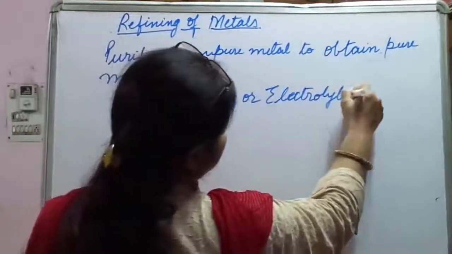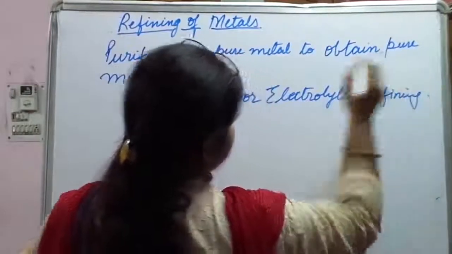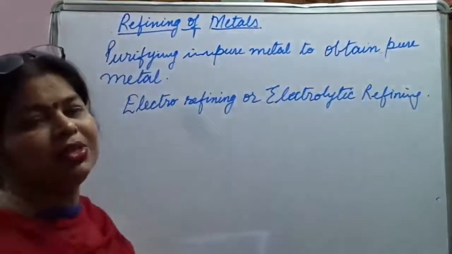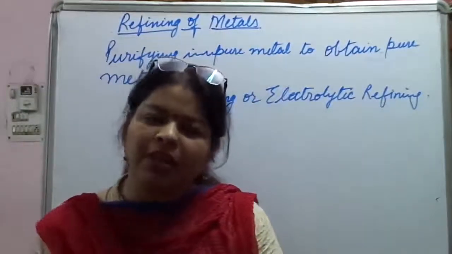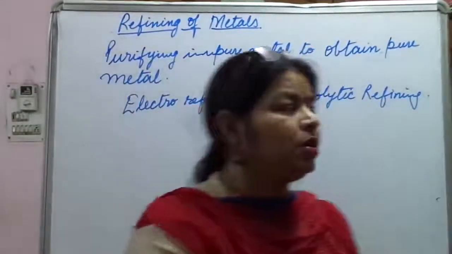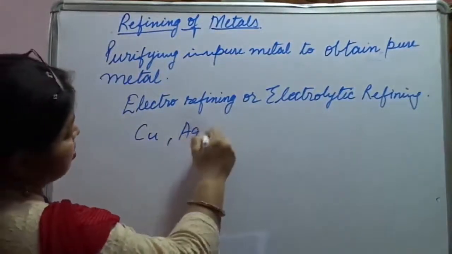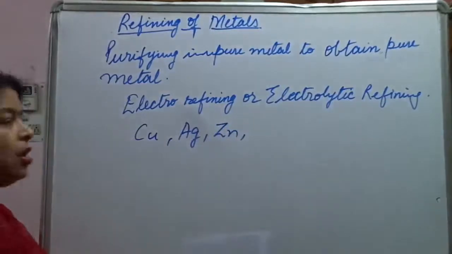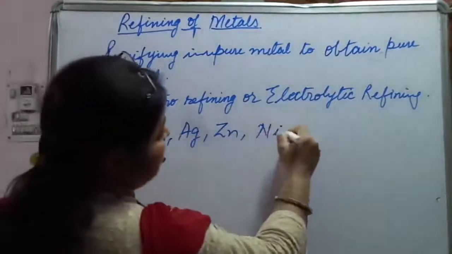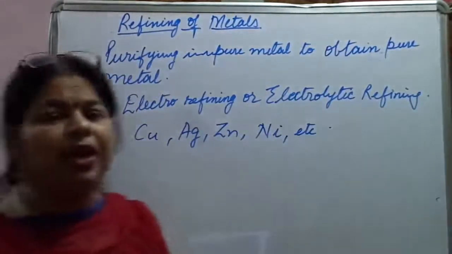This method is used, and which metals are purified by this method? That is copper, silver, zinc, and it can be nickel and others. So these metals can be refined by this method.